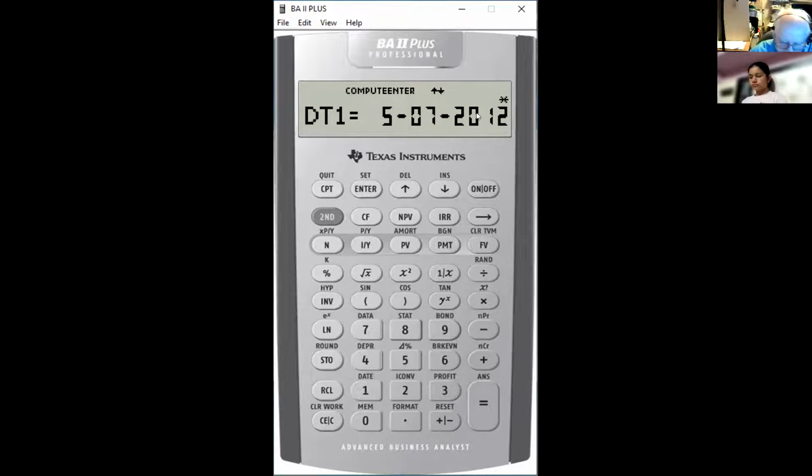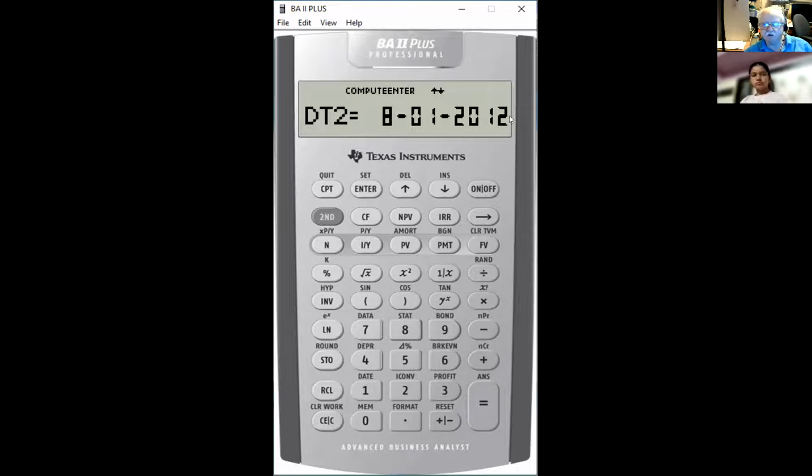So for February, it's going to be the second month, and then I've got to put a period. So 2 period. Then for the 4th, I put 04. And for the year, I can only put the last 2 digits, 21. So this is February 4th, 2021. Then I go enter and hit the down arrow.